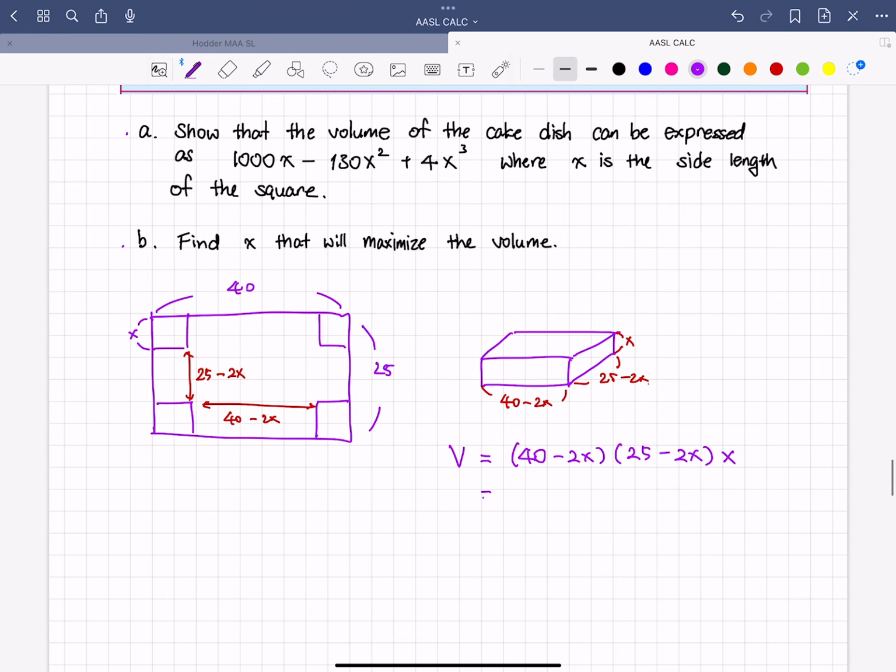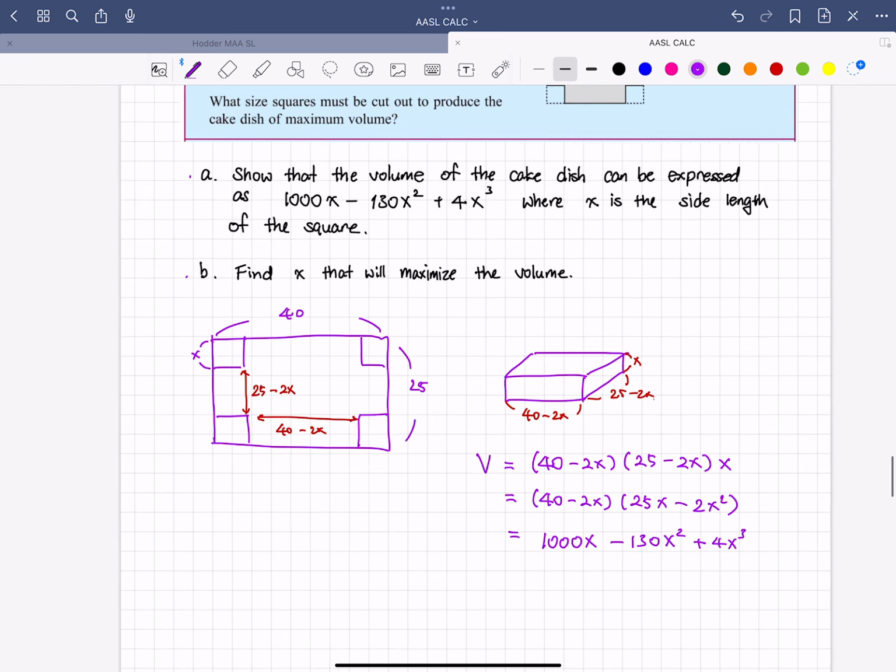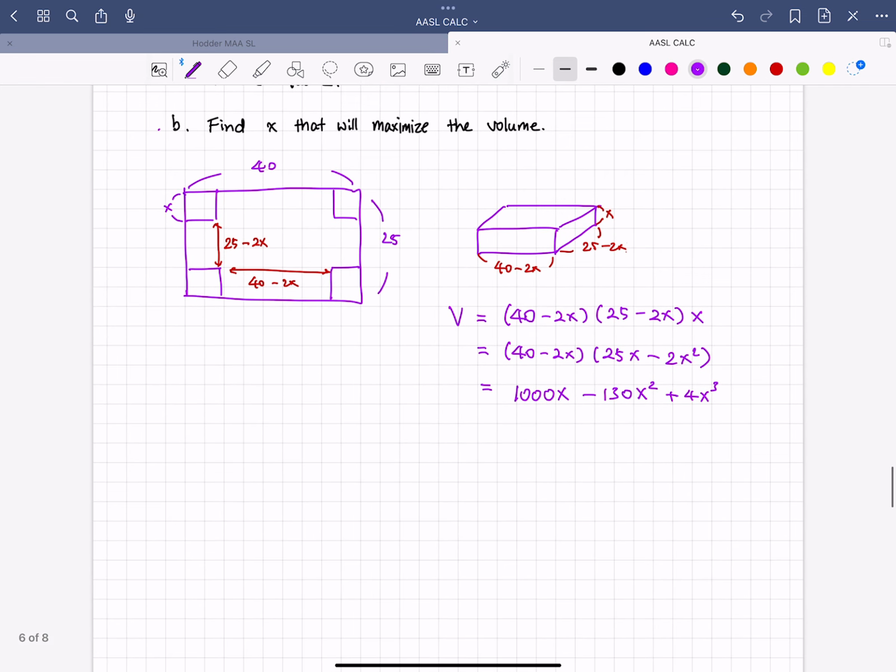But I need to show that it's equal to 1000x, and so on. So I'll just multiply the x first, and then I'll just say I get this x cubed.